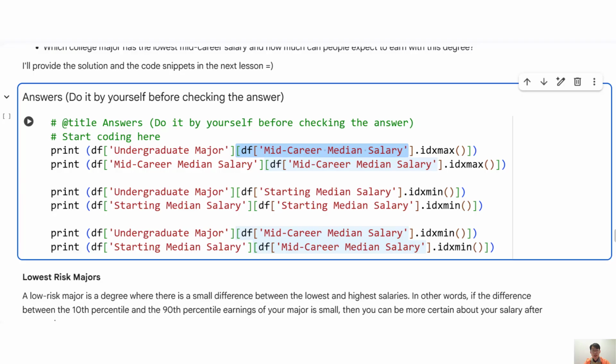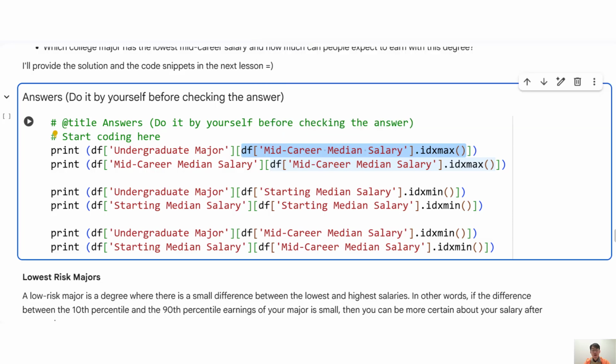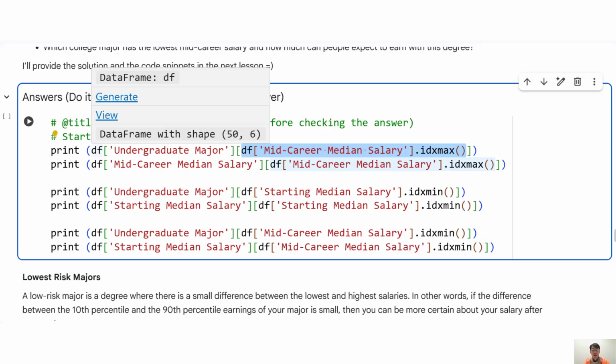Okay, so it means that once I get the ID, if I execute this code, you will get the ID, the position for the greatest number in mid-career median salary. And that number, if this result is the number, then I put it inside the bracket of df undergraduate major.